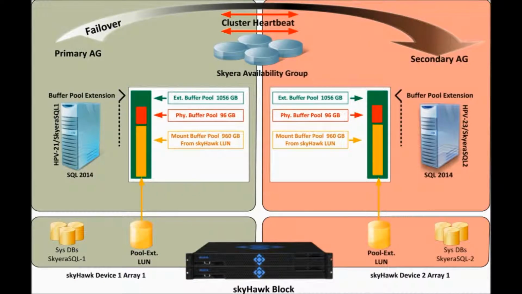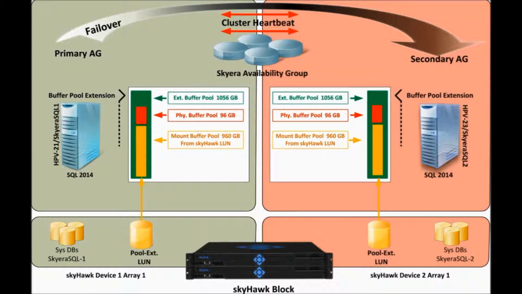I have previously talked about buffer pool extension. Let's see why this makes sense. Physical memory is always a bottleneck, especially if you're running your server in a virtual environment where multiple applications require a lot of memory. Extending physical memory on the server is not a simple task in a production environment.